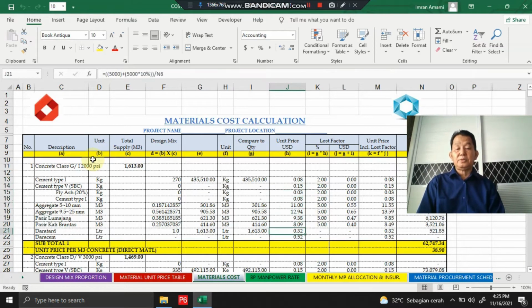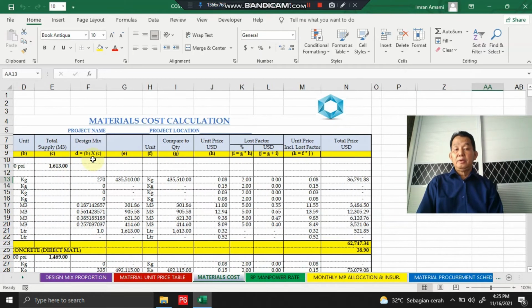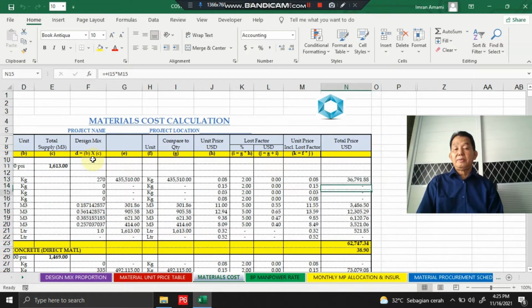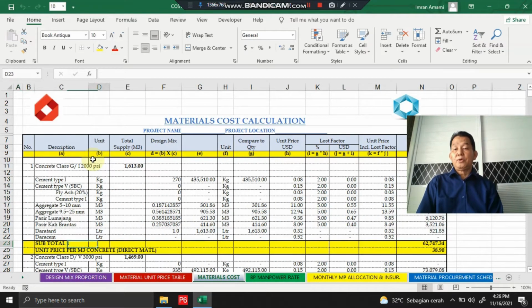This is based on the unit price offered by our contractor that supports this project. We also include a loss factor for each concrete raw material, and then we found the total price for each raw material, and finally the total price for each class of concrete, and also the unit price per cubic meter for each class of concrete.